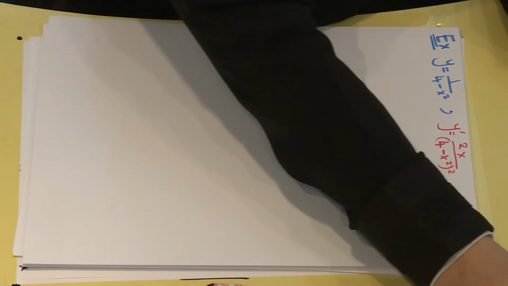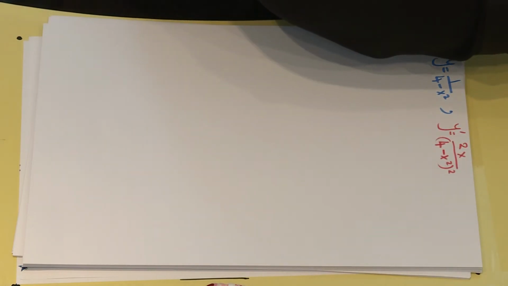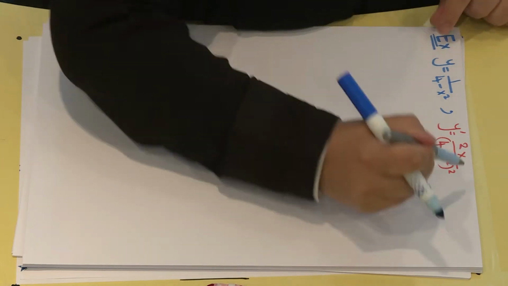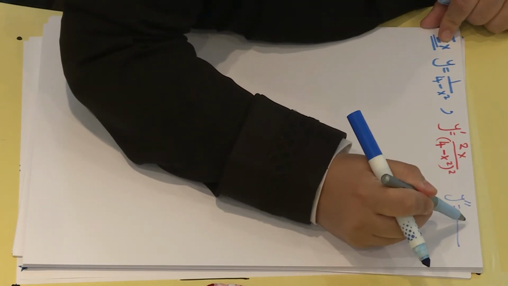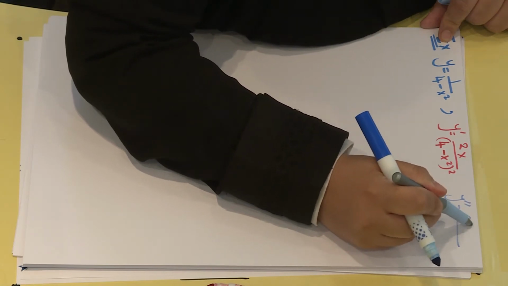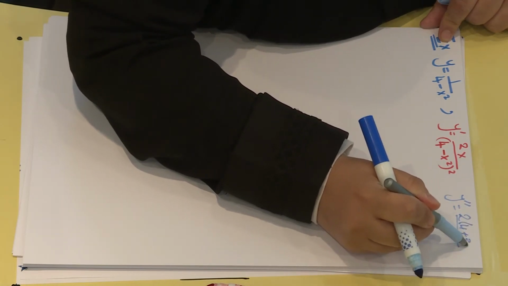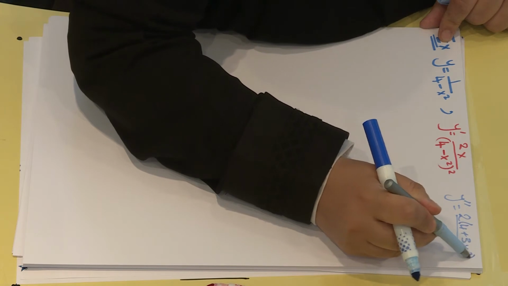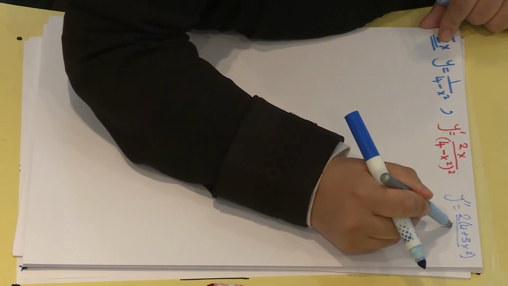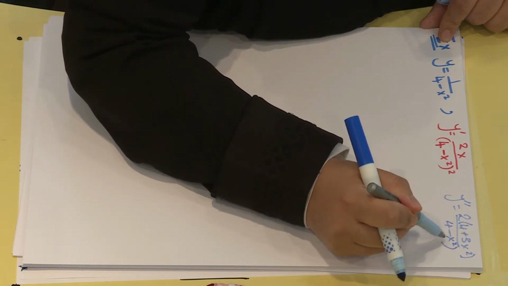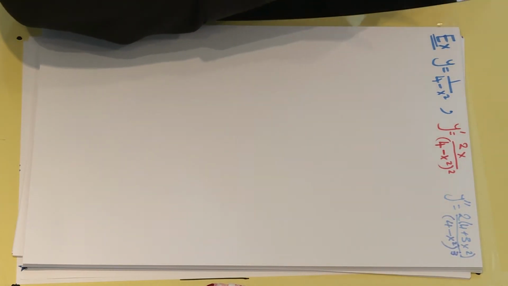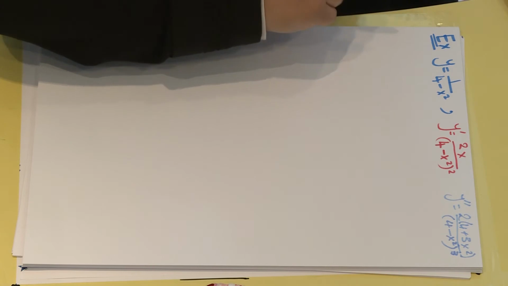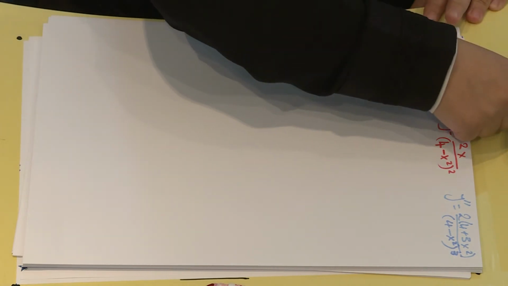And y double prime is given to be 2 times 4 plus 3x squared divided by 4 minus x squared, all cubed. We will be asking you to sketch the graph of this function.